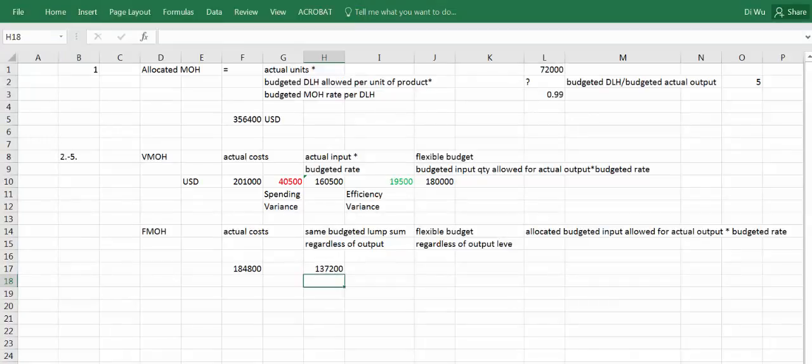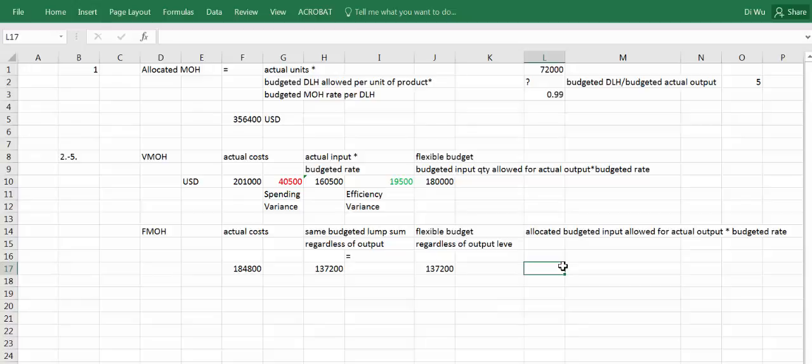So we have 172,200. That's this number, and the flexible budget is actually the same as your budget, so 172,200. These two numbers are identical, so I'll put an equal sign. Basically these two numbers are identical, regardless of output.